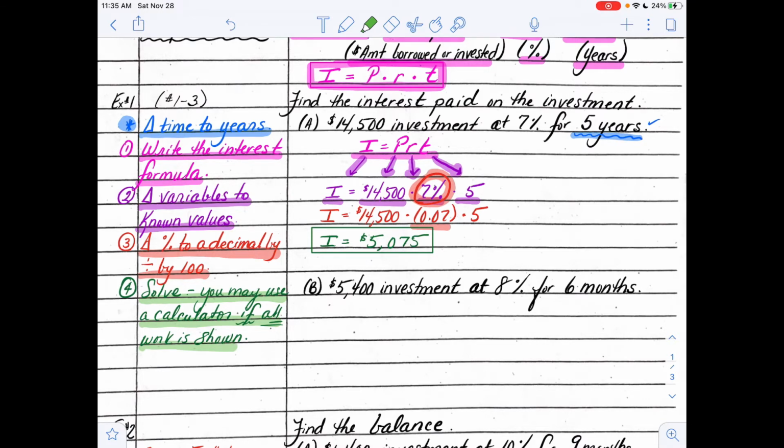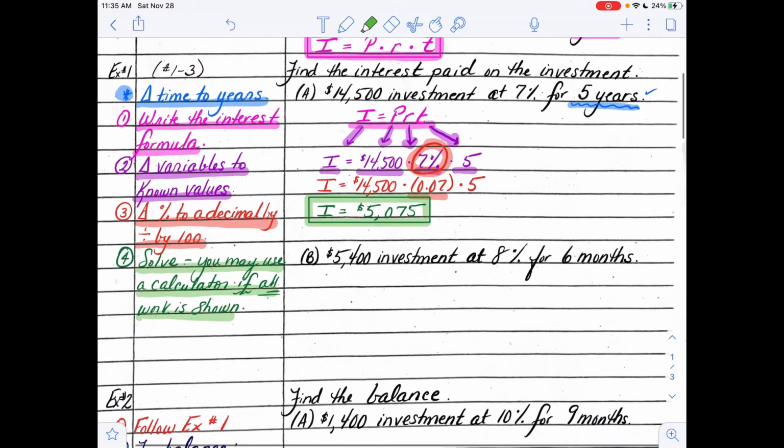So let's put into that calculator 14,500 times 0.07 times 5, and it shows that I have made interest of $5,075. So for doing nothing other than letting someone use my money and leaving it there for 5 years, they will pay me $5,075 for the use of my money.